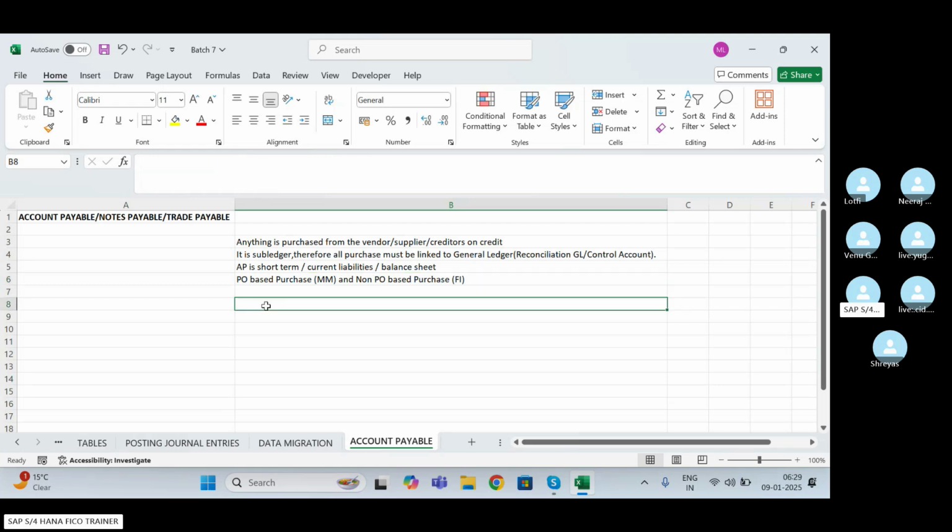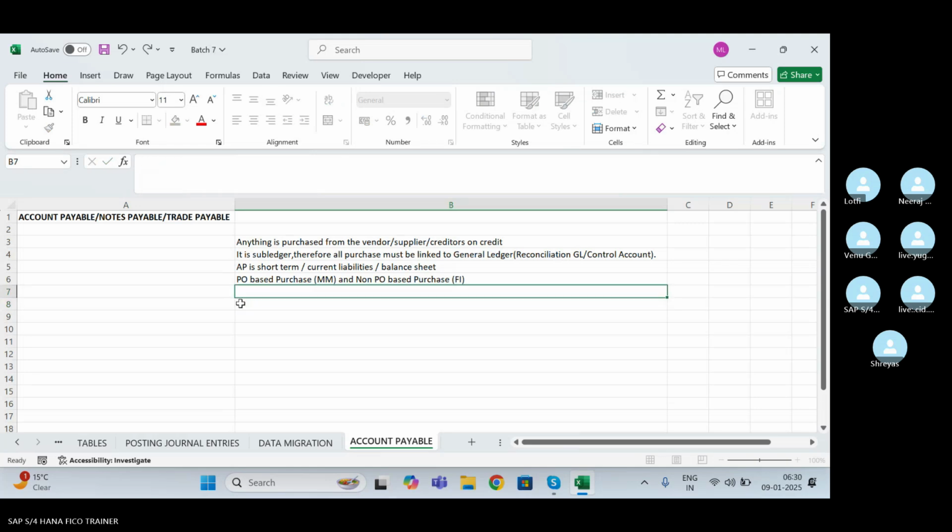So if you are purchasing PO based, it has certain steps. In PO based purchases, you create a purchase order.